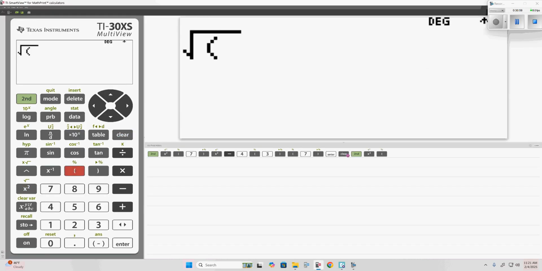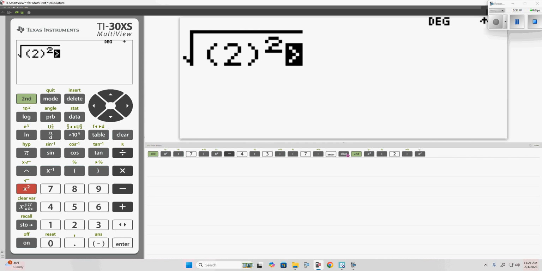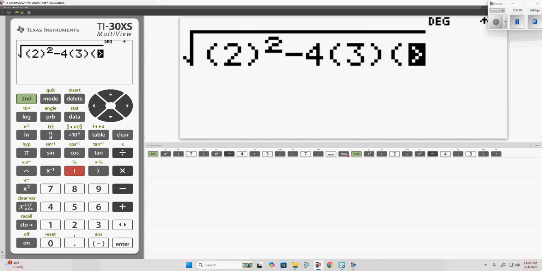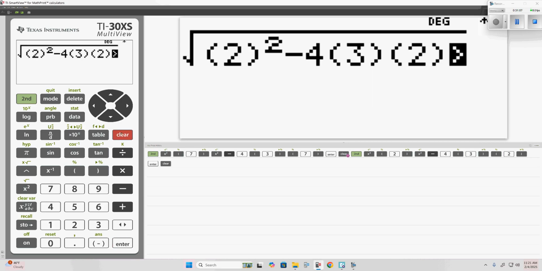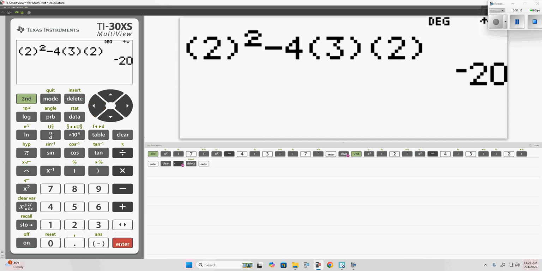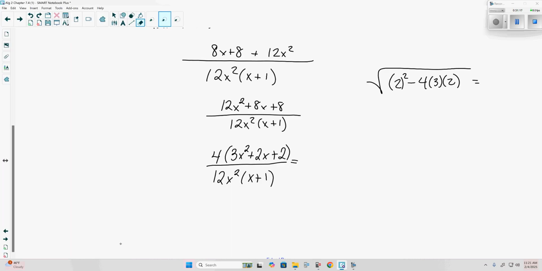Square root of 2 squared minus 4 times 3 times 2 is another domain error. So really it's saying we're taking the square root of 20, so our answers are 2i square root of 5.